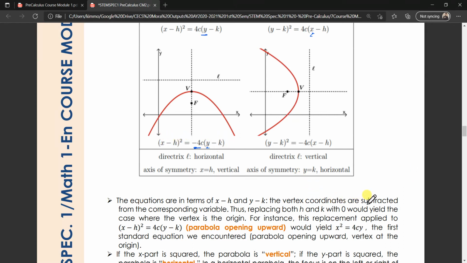The vertex coordinates are subtracted from the corresponding variable, so x and y are the variables, and h and k are our vertex coordinates. Thus, replacing both h and k with 0 would yield the case where the vertex is at the origin.